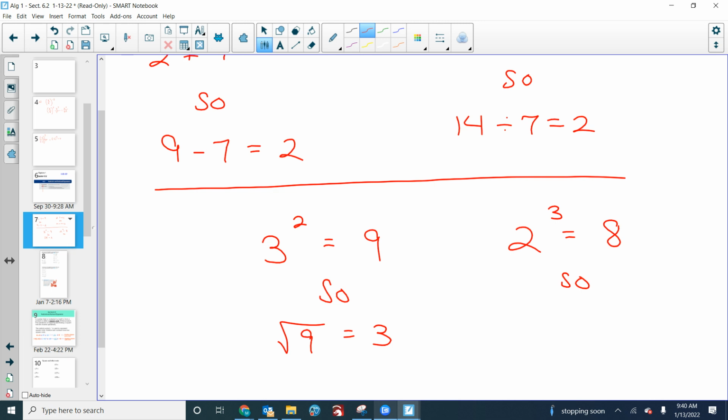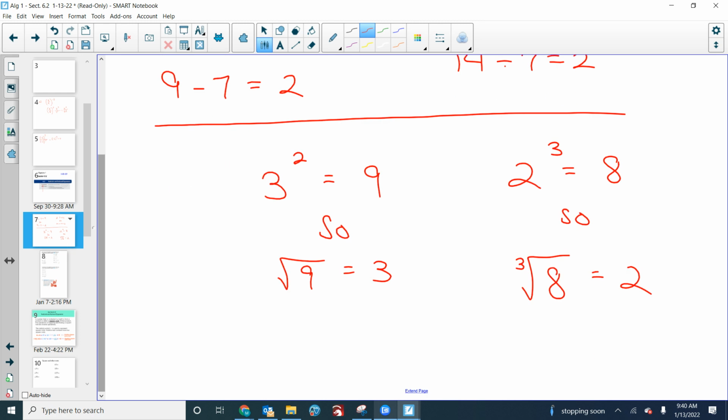Cubing, I got 8. Do you know a name for that? Going backwards? Let's call it cube rooting. It's actually called that. Good job. Cube rooting. The cube root of 8 is 2.